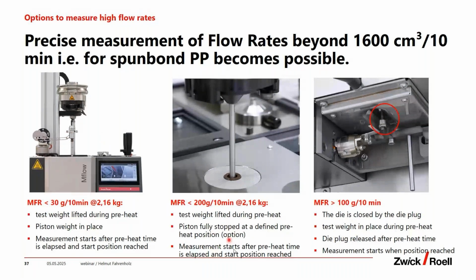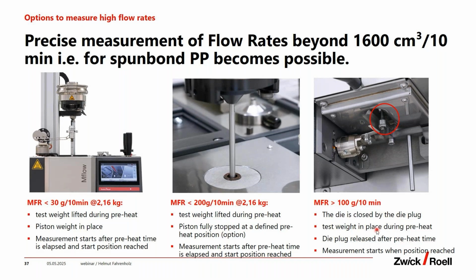If you have quite high flow materials, let's say below 200 grams per 10 minutes, then you need a little option to stop the piston. So in this first configuration, we take just the weight off, but the piston weight remains on the material, while here with this clamping option, we completely stop the piston. So this allows you to measure higher values.